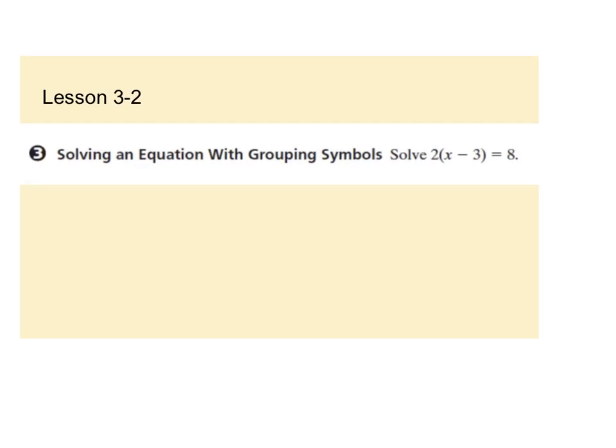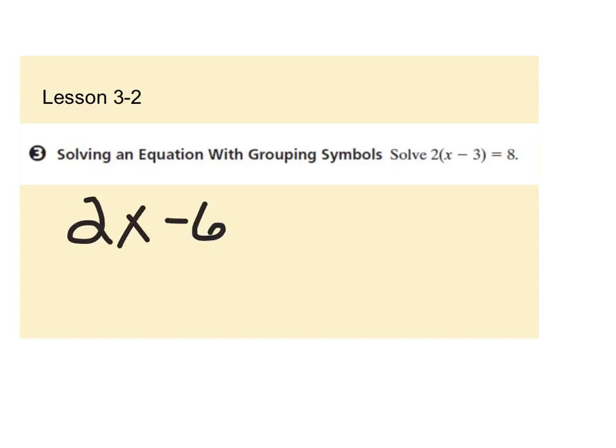In our next example, we can see we have the grouping here, the parentheses, so we're going to need to use the distributive property. Once we multiply the 2 times the x and the 2 times the 3, we are left with 2x minus 6.